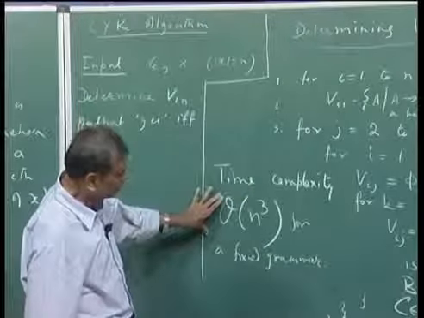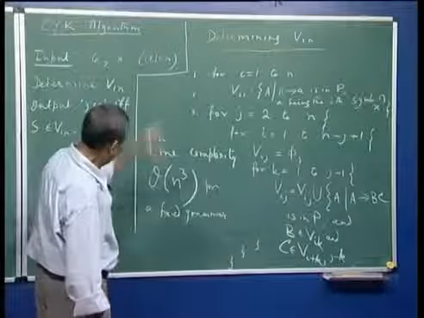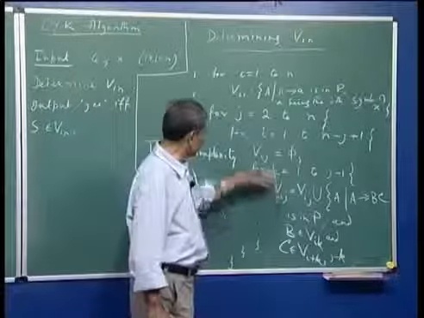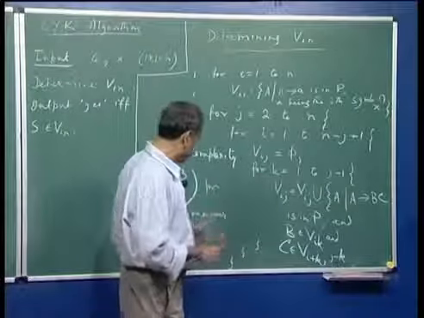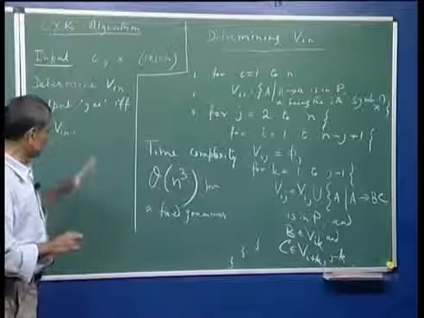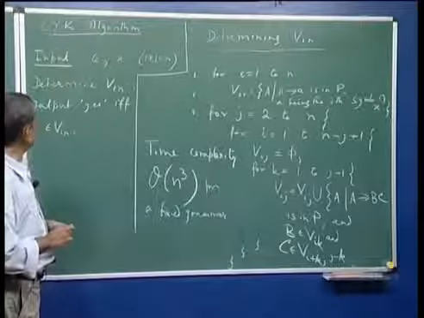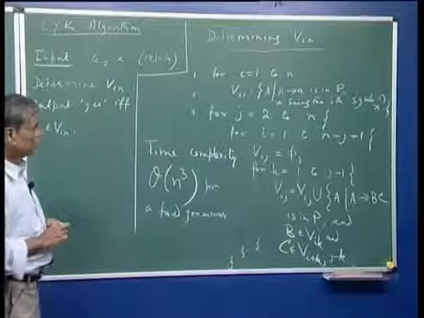And this n cube is coming from the 3 nested loops, each one is of order n and hence n cube. So, that is clear. So, that completes the time complexity. It is a very simple time complexity computation for the CYK algorithm. Thanks.